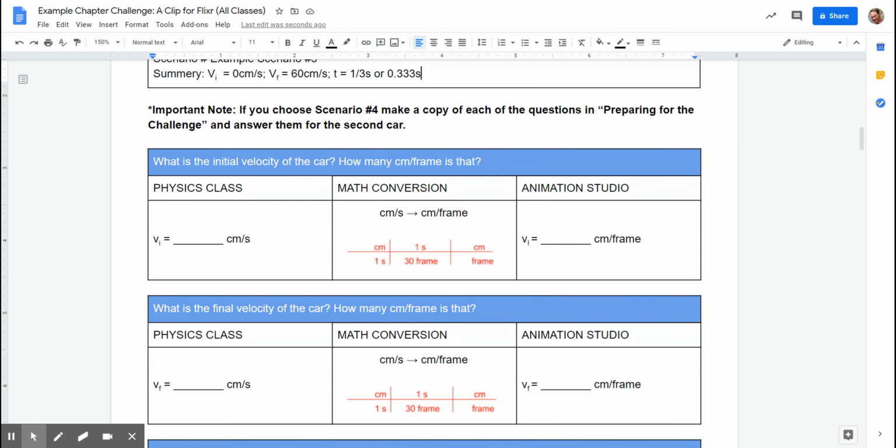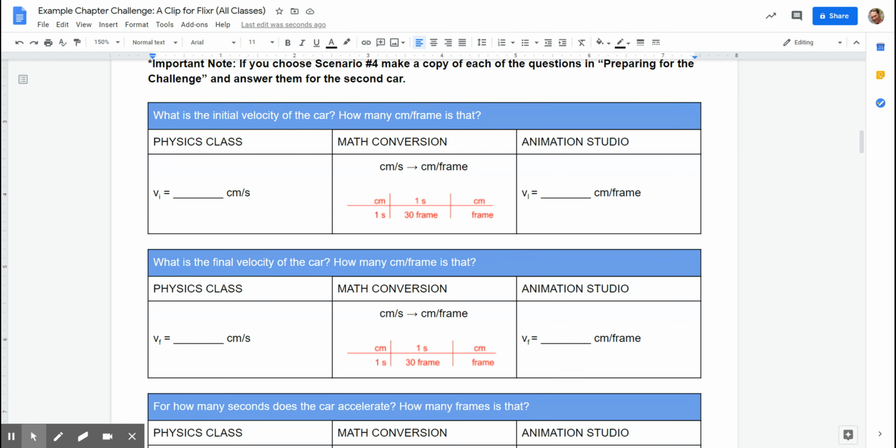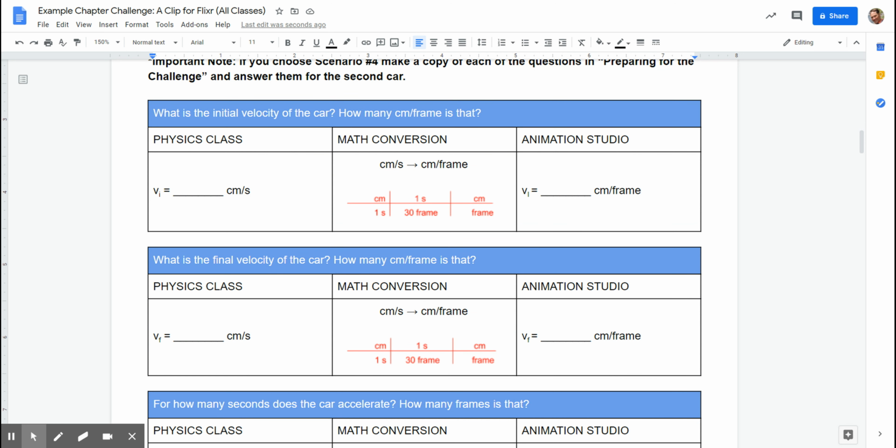Down underneath here, now that I've made my quick summary, I need to do some basic conversions. I have my railroad track method here to go from one to the other, and hopefully that's helpful. My initial velocity, that's what we're talking about first, is 0 centimeters per second.